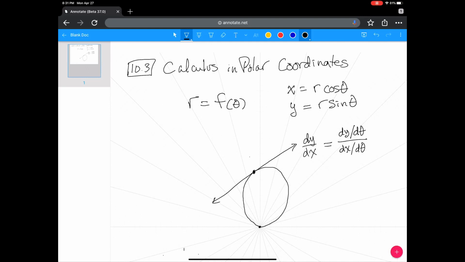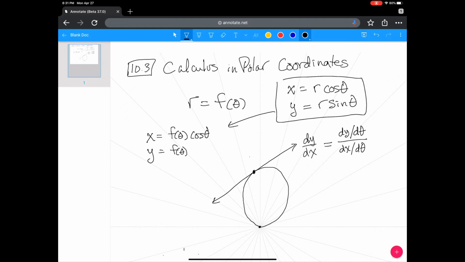So the way we do this is we need to eliminate the r variable. And so r is f of theta. So now take these two equations and let's modify them with this substitution, r is equal to f of theta, and you get x is f of theta times cosine theta, and y is f of theta times sine theta.